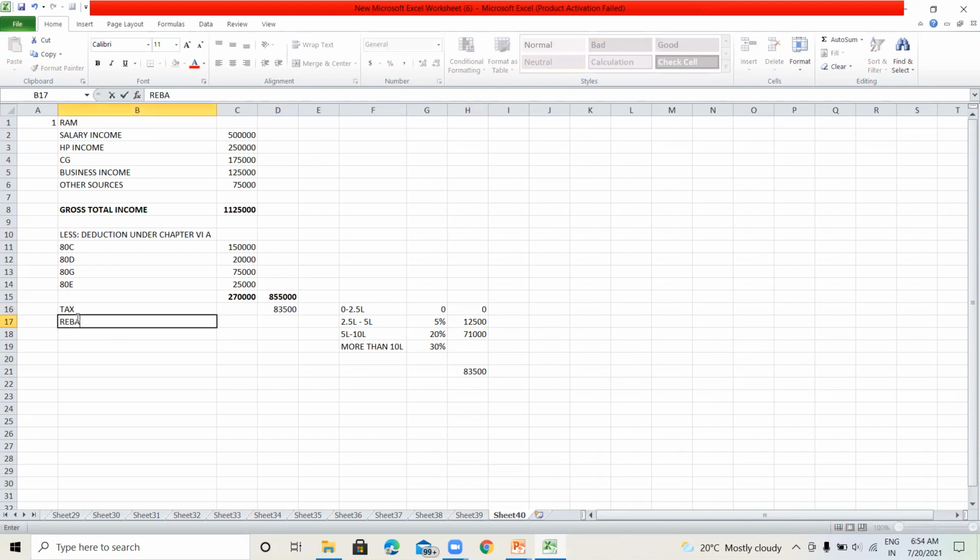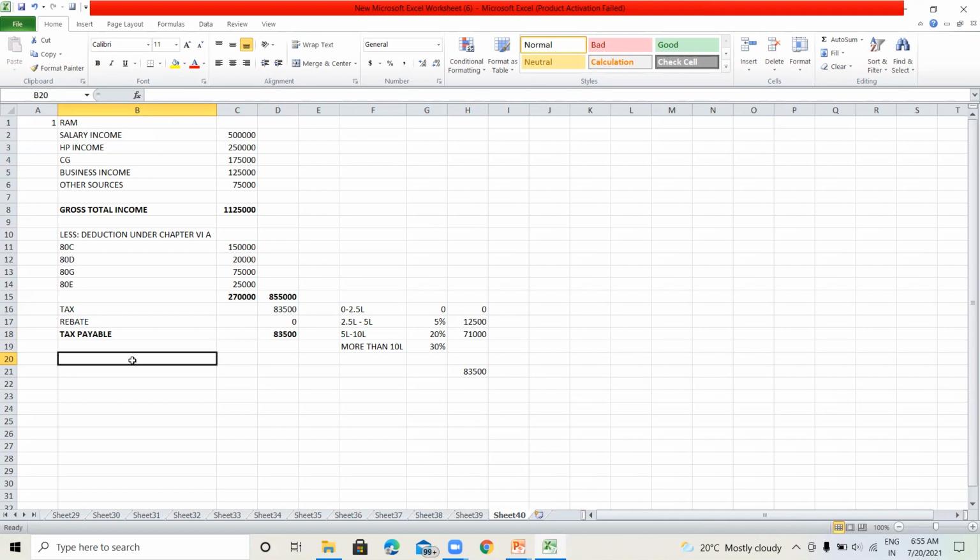Rebate, there is no rebate for the example. So the tax payable by the assessee will be 83,500 rupees. 83,500 rupees is the amount of the tax which is required to be payable by Mr. Ram on his income.